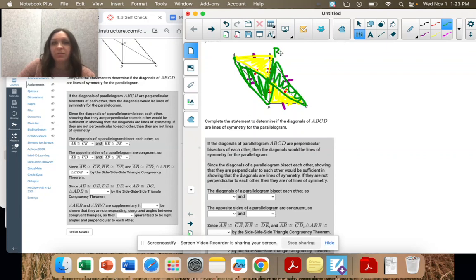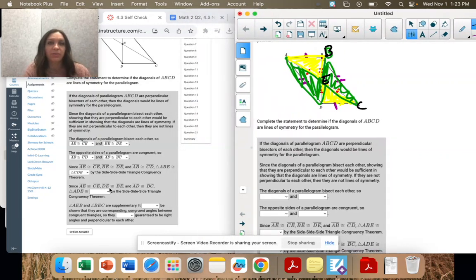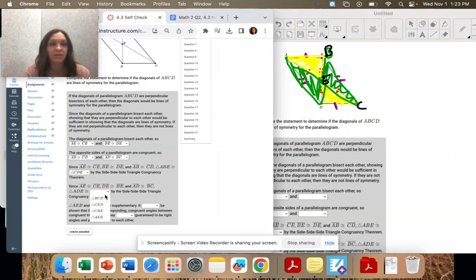So we need to find BEC in our drop-down box. Those are congruent because those also have 3 sides that are the same length. So BEC, CBE, right? Just find the right letters, not the order.